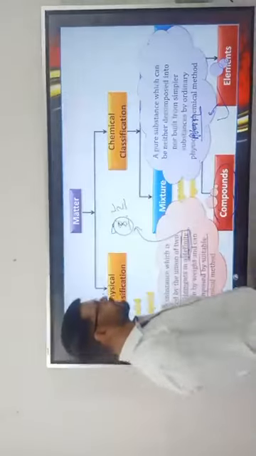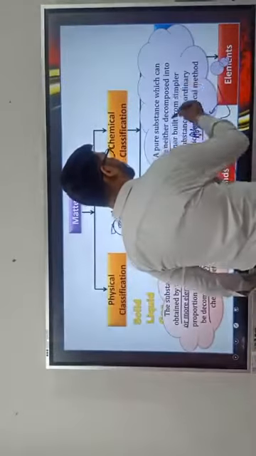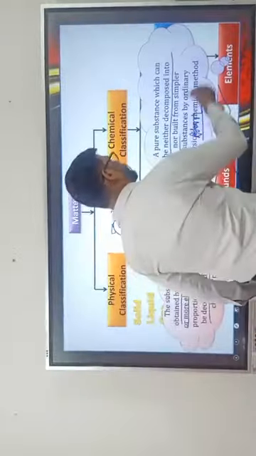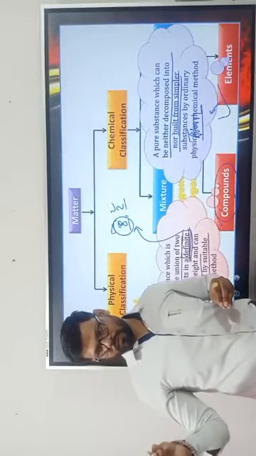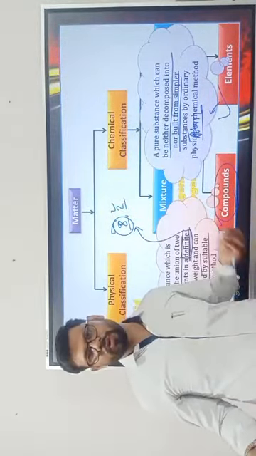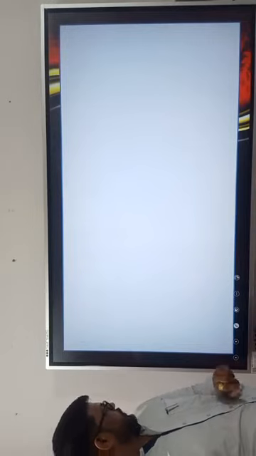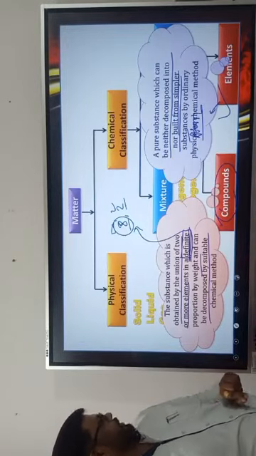An element is a pure substance which can be neither decomposed into simpler substances nor built from simpler components. That means we cannot take one proton and one neutron and combine them to form an atom. So this is the classification of matter.